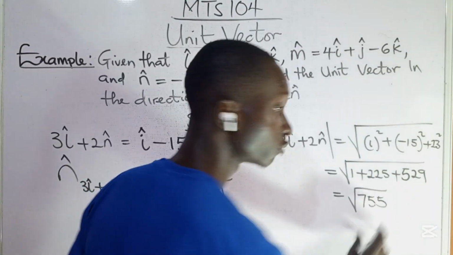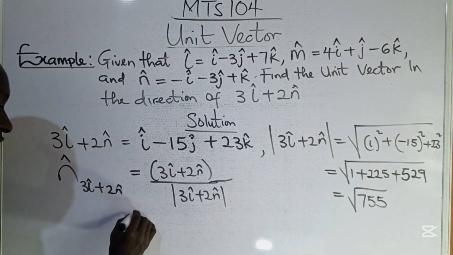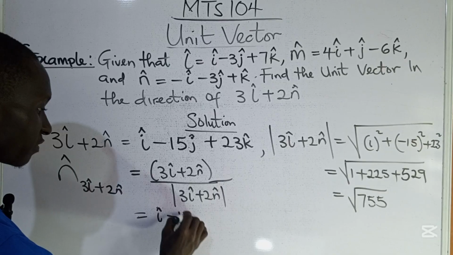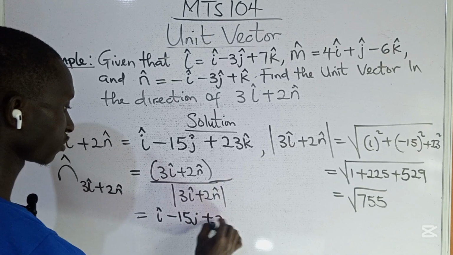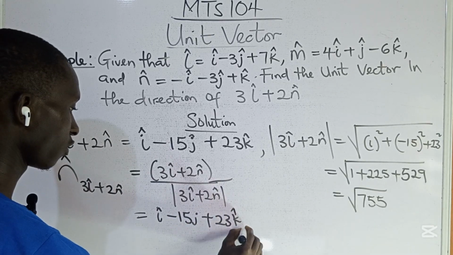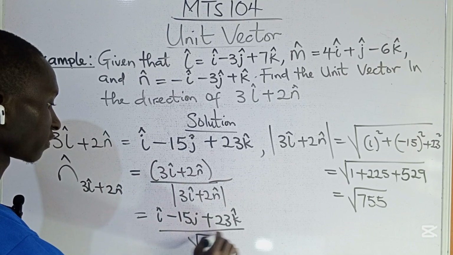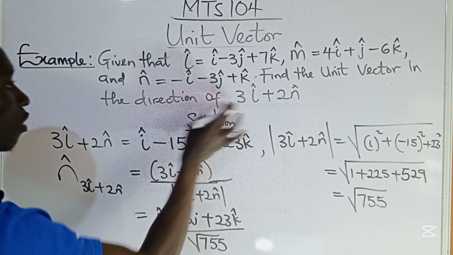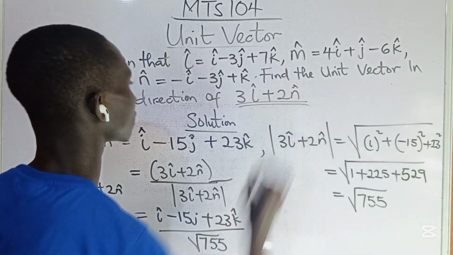That implies that the unit vector of this is i minus 15j plus 23k over square root of 755.